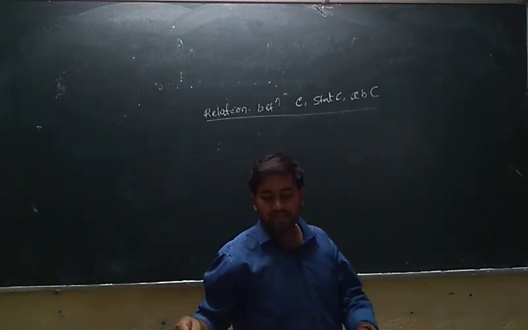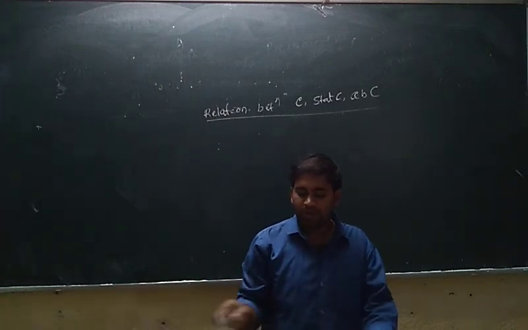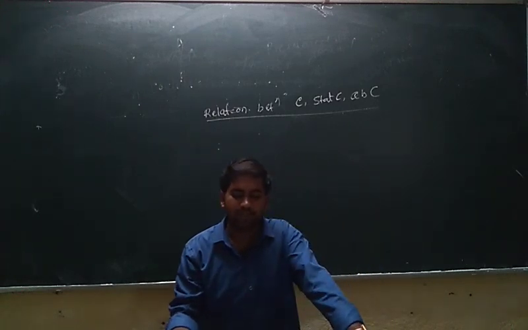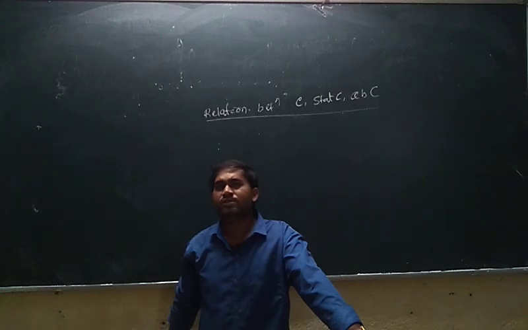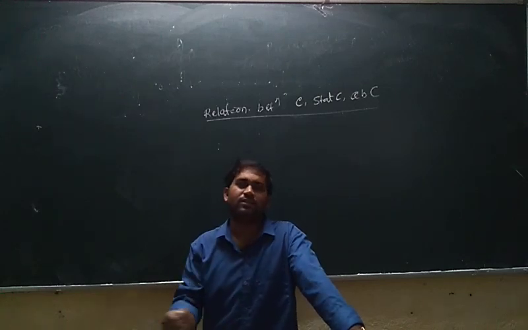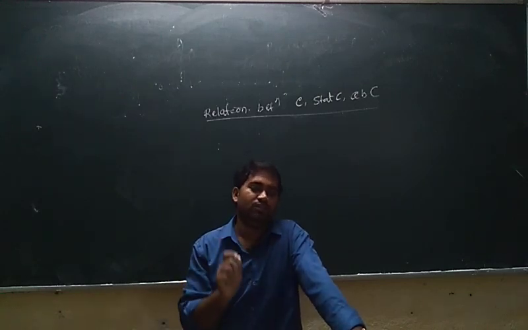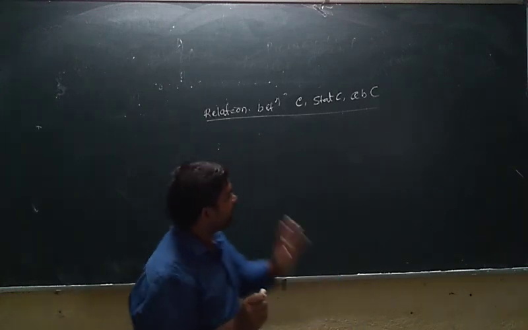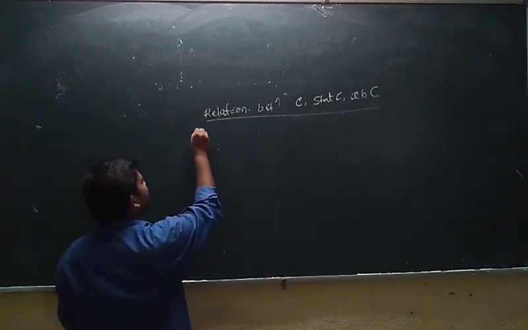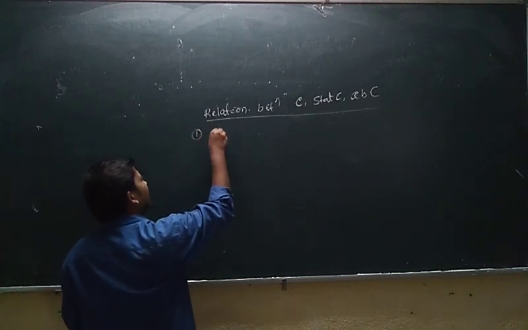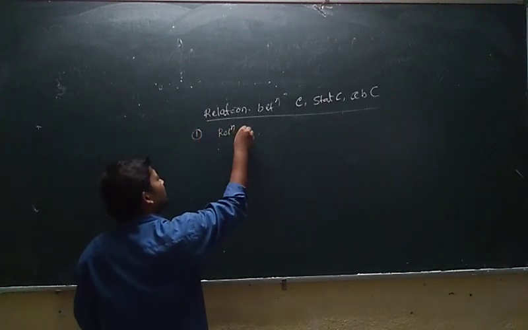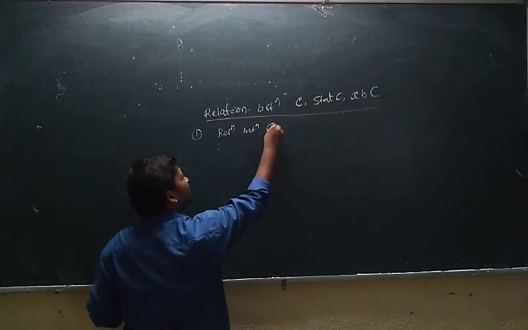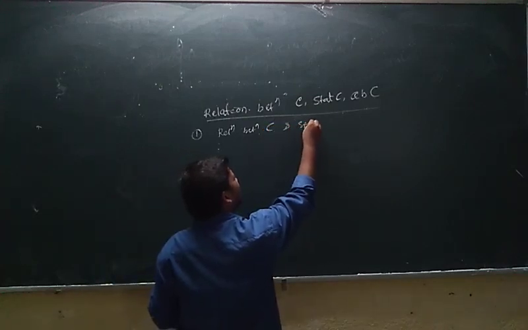So you have to take the relation between coulomb, abcoulomb and stat coulomb. Suppose I take the consideration that 1 coulomb is some value of stat coulomb. Suppose I take here a relation, first relation between coulomb and stat coulomb.